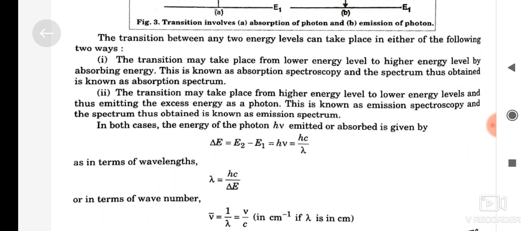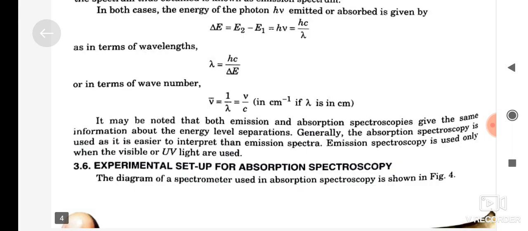In the above cases, the energy of the photon hν emitted or absorbed is given by ΔE equal to E2 minus E1 equal to hν equal to hc upon λ. In terms of wavelength, λ is equal to hc upon ΔE, or in terms of wave number, ν bar is equal to ν upon c.